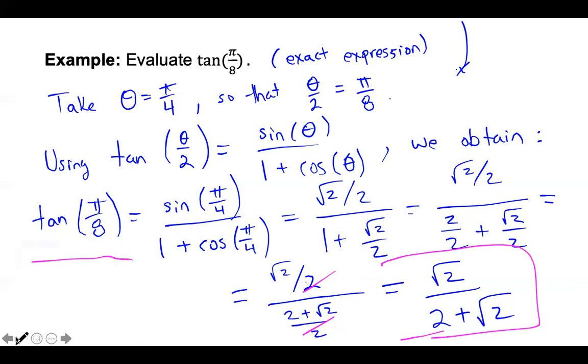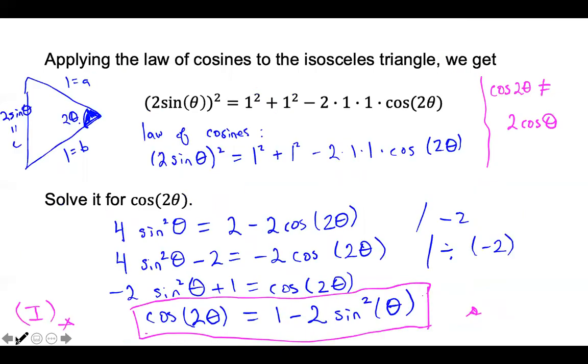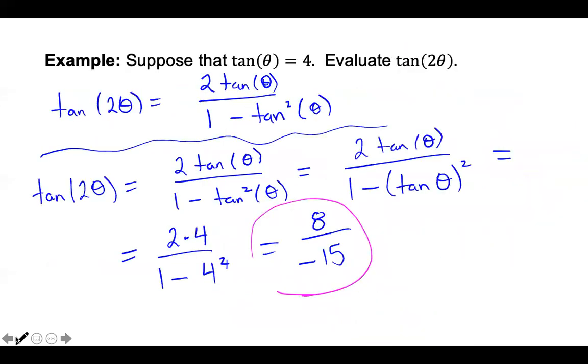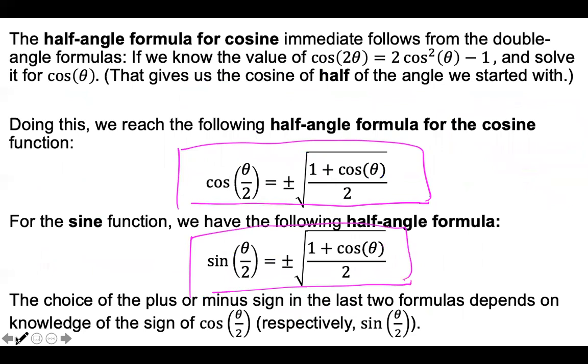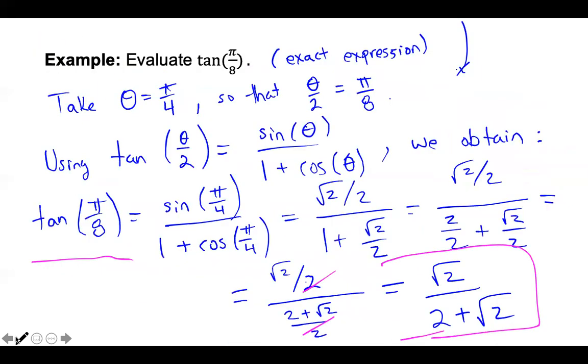So there are lots of formulas, but these are the main formulas. Let's go back quickly. The double angle formulas, these are the cos ones, the sine, the tan, and the half angle formulas. These are the main ones.